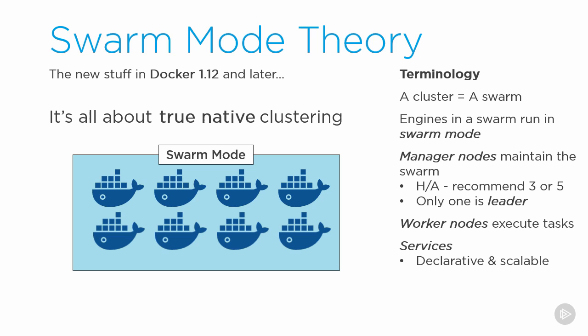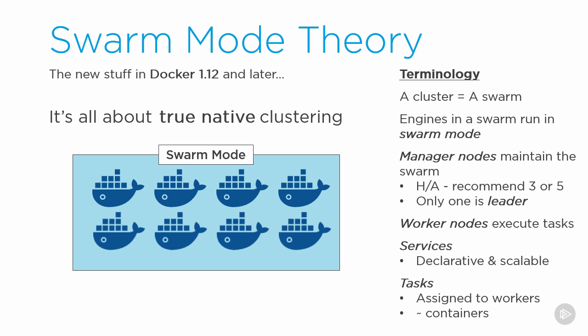Now, we'll see this in a second. But I did mention tasks. A task is the atomic unit of work assigned to a worker node. We as developers or sysadmins or whatever tell the manager about services, then the manager assigns the work of that service out to worker nodes as tasks. Right now, tasks means containers.